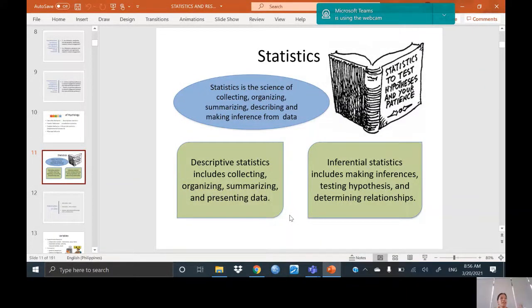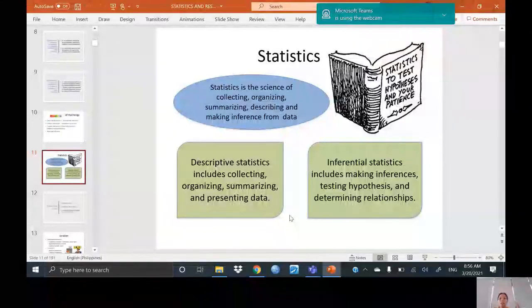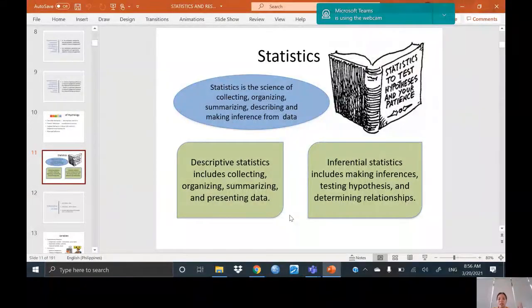You try to summarize it by using descriptive statistics such as the mean, the standard deviation. That is part of descriptive statistics. And when you use the charts, the graphs, in order to show the patterns of your data, that is descriptive statistics.